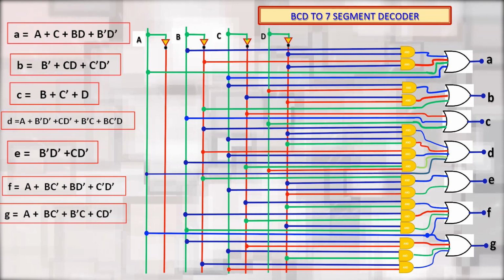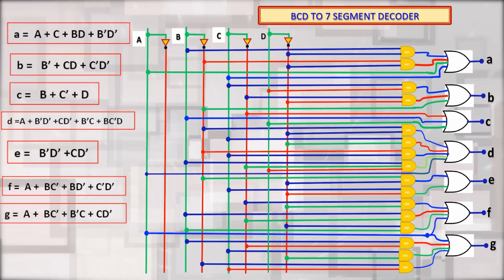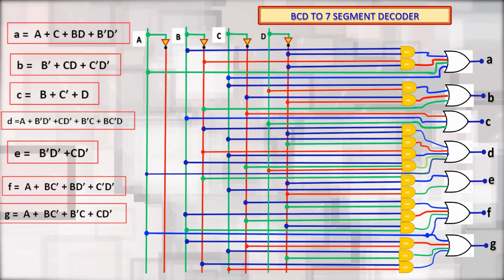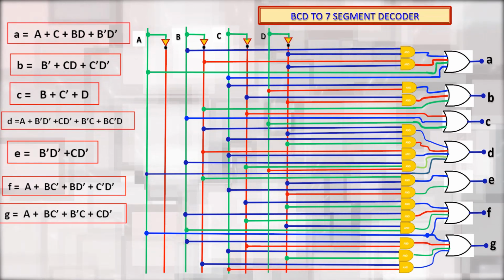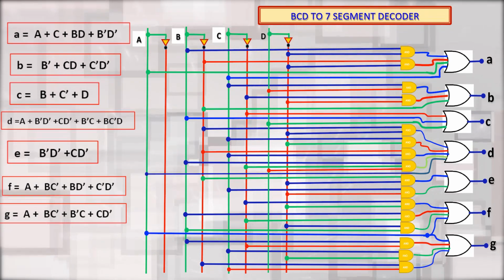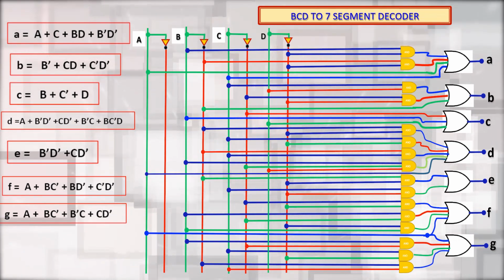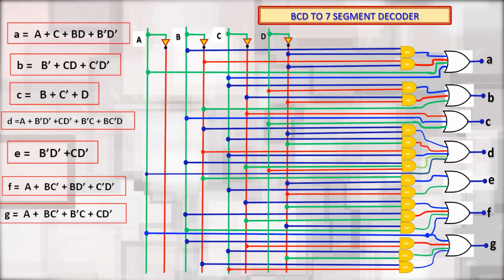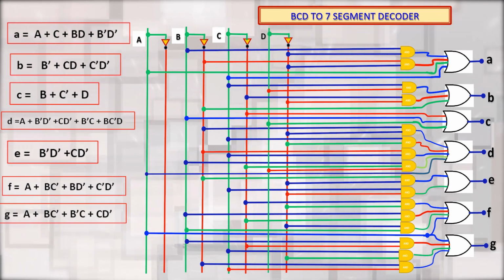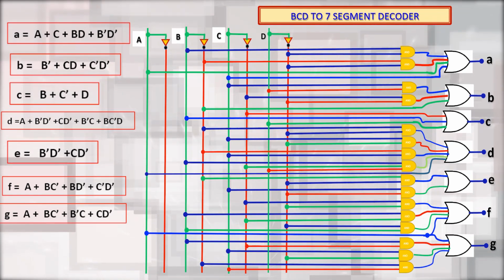Now, 7 segment display is also used for hexadecimal numbers, but in this case the design of the combinational circuit that we have studied is for BCD numbers. So, its design is restricted to decimal numbers 0 to 9, but the 7 segment display can be used for the hexadecimal number system also, but for that the complete design will be done separately.